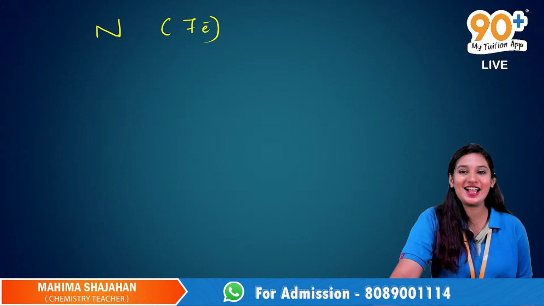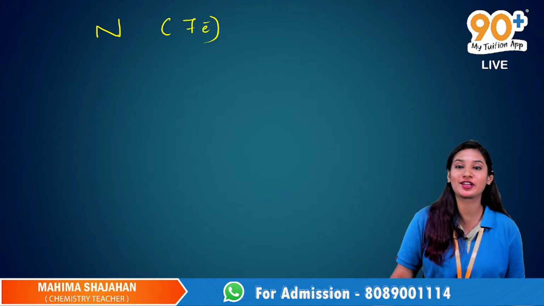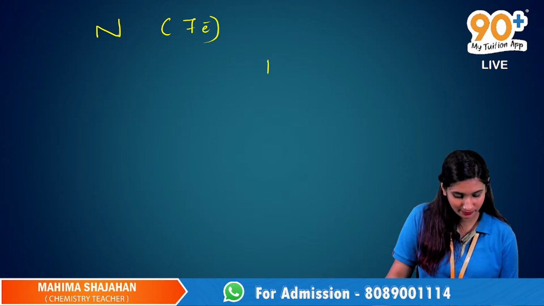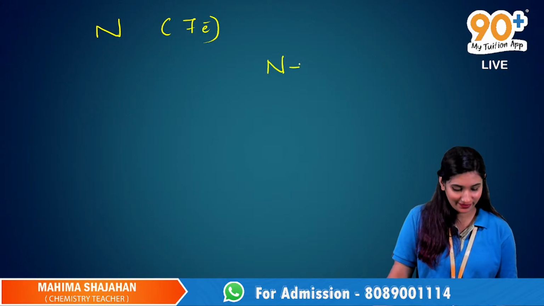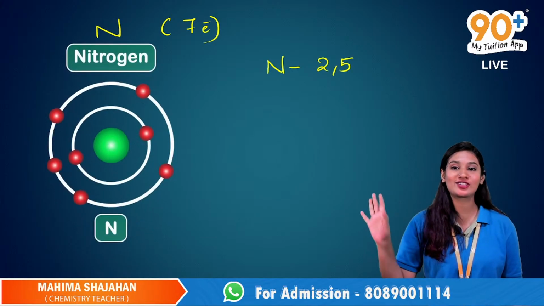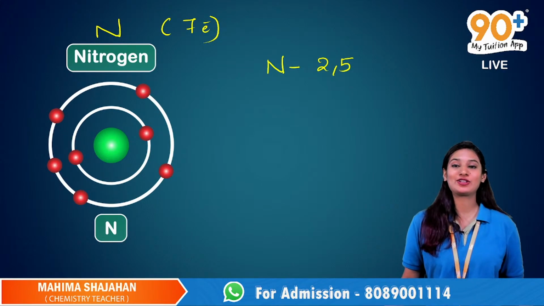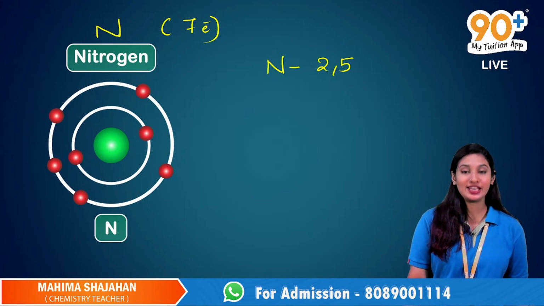Good evening. So, quickly tell me the electronic configuration of nitrogen. 2,5. Very good. It is 2,5. And this is the structure of the nitrogen atom. This is how you schematically represent it. Very good.